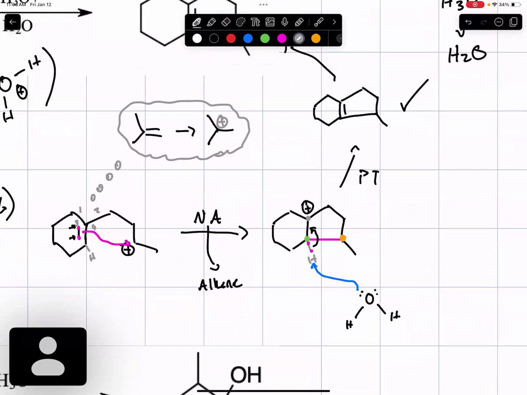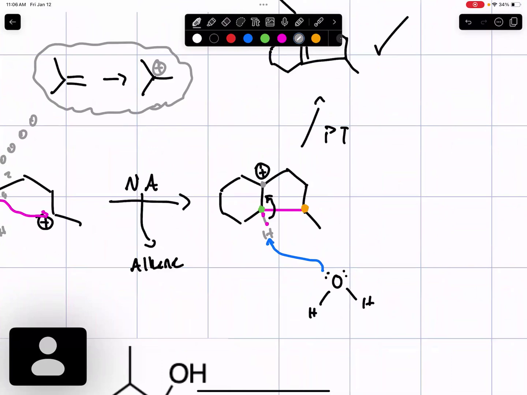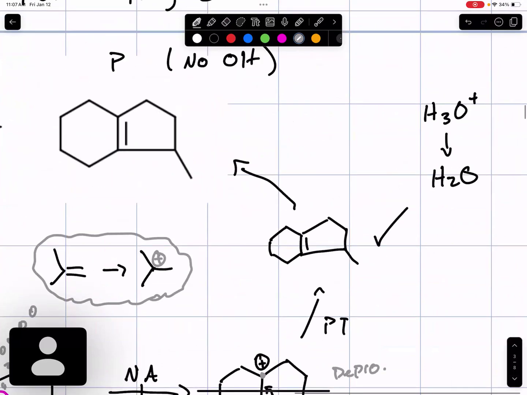And to get rid of that positive charge, we deprotonate this molecule. So we're deprotonating this molecule, and we're protonating water because we're reforming hydronium one more time.